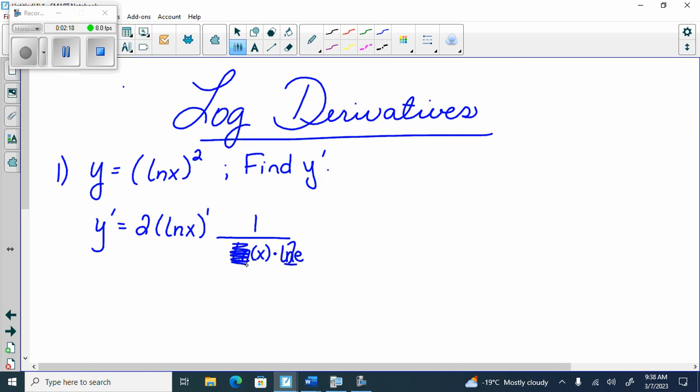The ln actually goes away unless it is a log. Because ln e goes away. But if it was like log base 4, then this would be ln 4. So unless it is a log, you actually don't end up with any lns behind it. So this would result in 2 ln x over x.